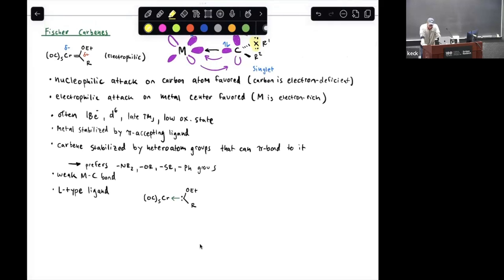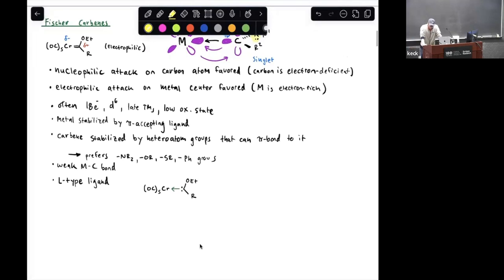In terms of the other ligands on the metal, because the metal tends to be more low valent, more electron rich, the overall complex is more stabilized when the other ligands are pi accepting. So you often will see carbonyls, but not always, of course.